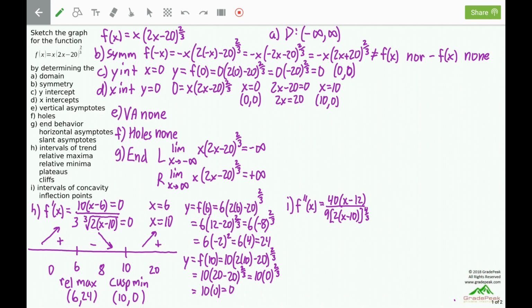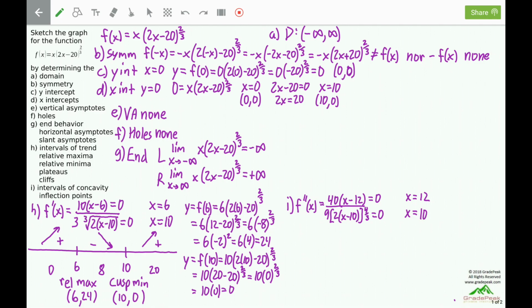So we have the second derivative written as a single fraction. All powers are positive. It is fully factored. We can set the numerator equal to 0 and the denominator equal to 0 and solve for all x's. From the numerator, since it's factored, the x minus 12 factor will give x equals positive 12. From the denominator, the x minus 10 factor will give us x equals positive 10.